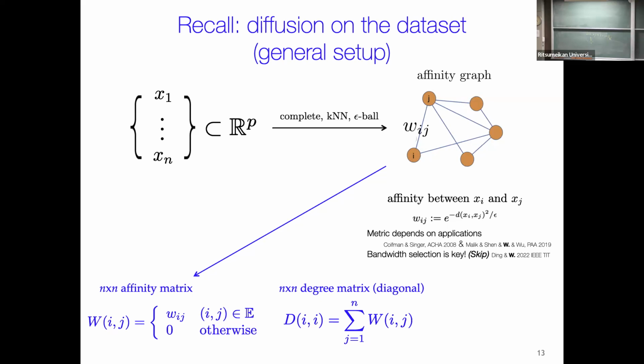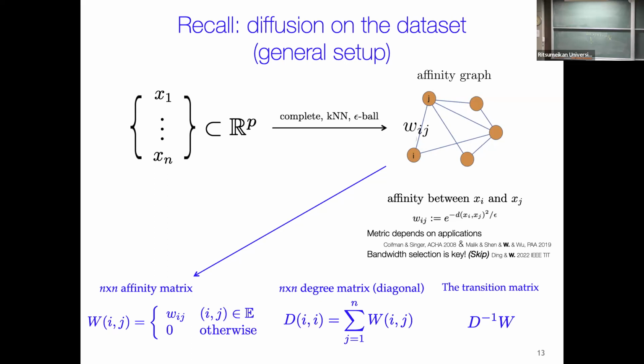Once you have D and W, you can construct a transition matrix on the data set. Yes, it's a Markov process. The transition matrix of the Markov process is D inverse W, whose rows sum up to 1. So that is what you have from the data.